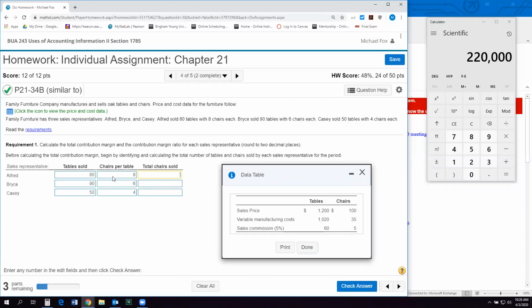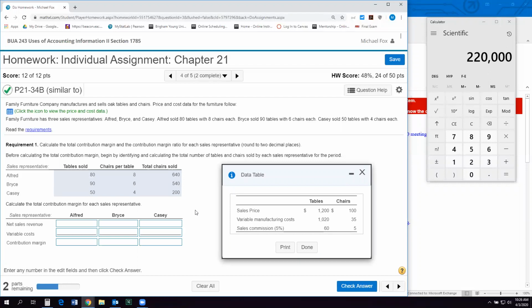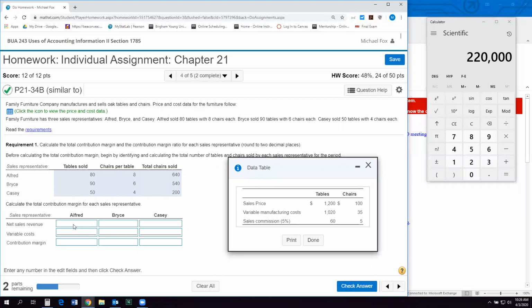So 80 times 8 is 640. 90 times 6 is 540. And 50 times 4 is 200. There's the first part. And that wants us to figure out the sales revenue for each of these. Alfred sold 80 tables and 640 chairs.